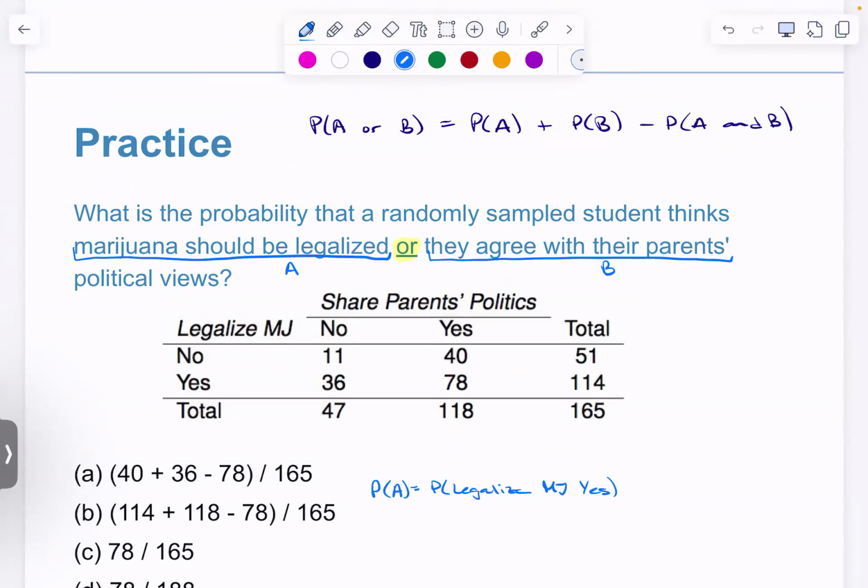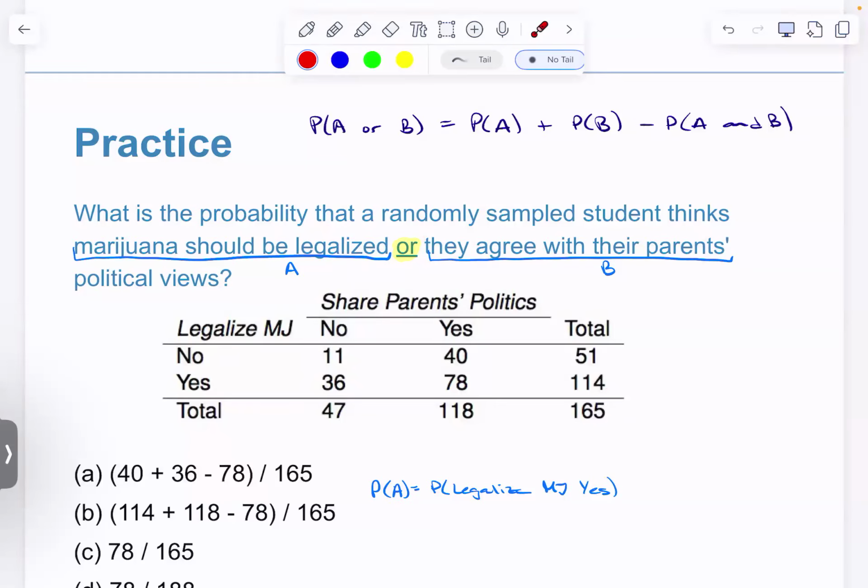Now, how are we going to find that? This is regardless of their parents' political views, right? So in order to find this probability, I want to be in the yes category here, and I have 114 out of 165 students.